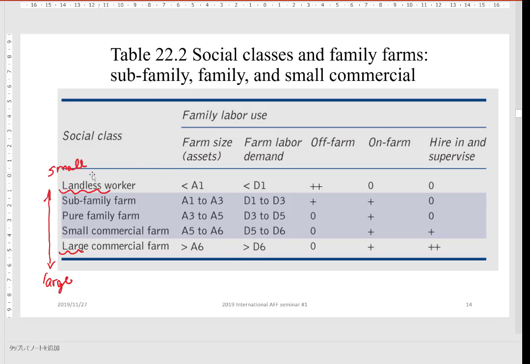The order of these social classes ranges from a small landowner to a much larger landowner.